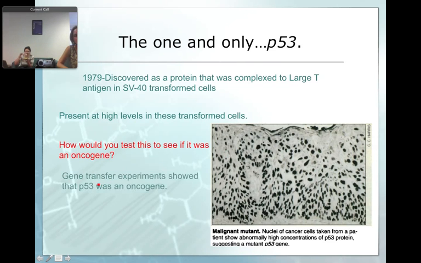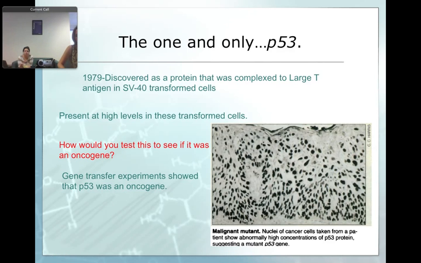So they did gene transfer experiments, okay? And when they took the gene and put it into cells, just like they did with RAS and these other ones, they showed that P53 was in fact an oncogene. So this thing acted like an oncogene.